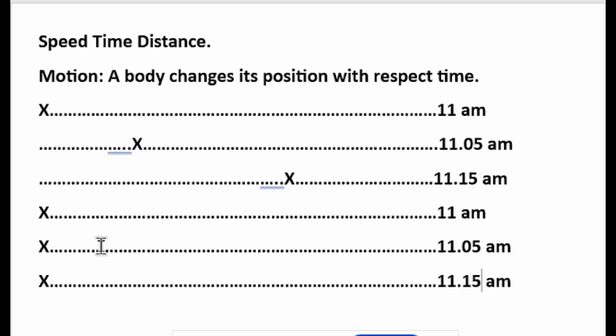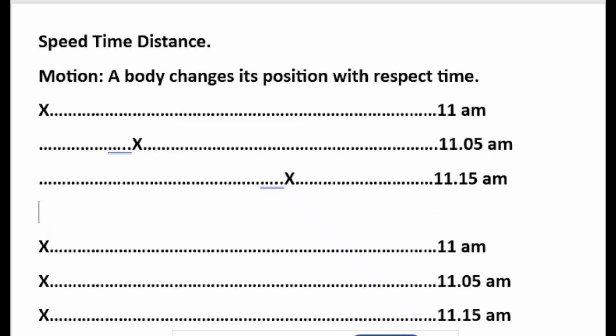That means the body is not moving. The body is at rest. 11 o'clock, same place. After 5 minutes, same place. After 15 minutes, same place. Because the body is not changing the position, it is not moving. Then we call it at rest.